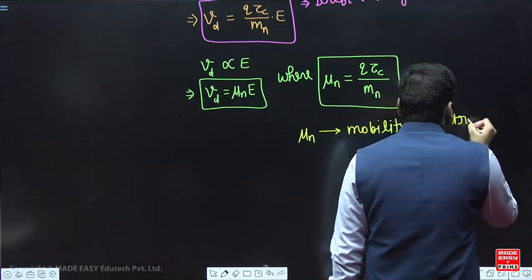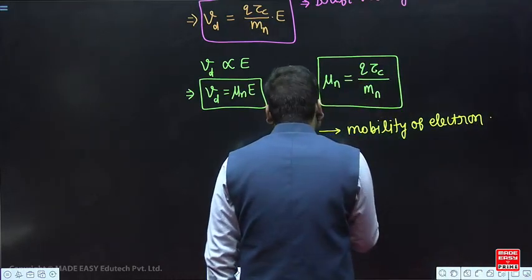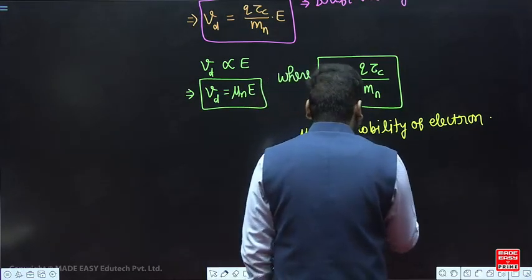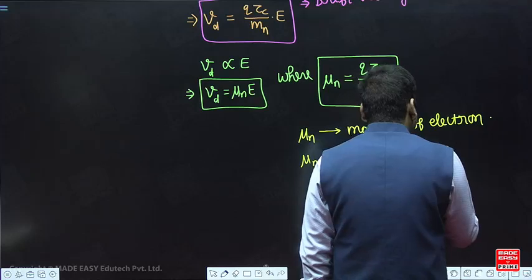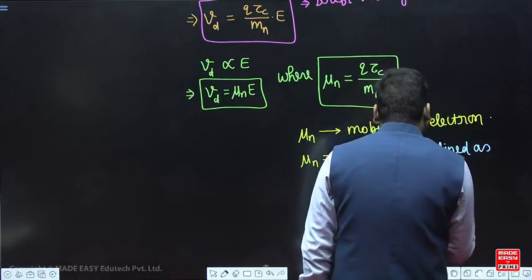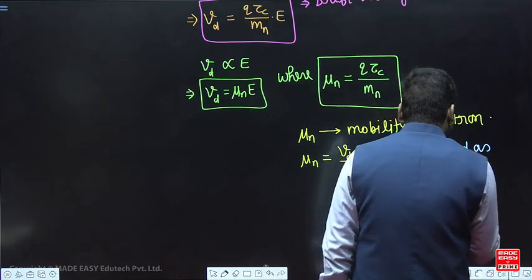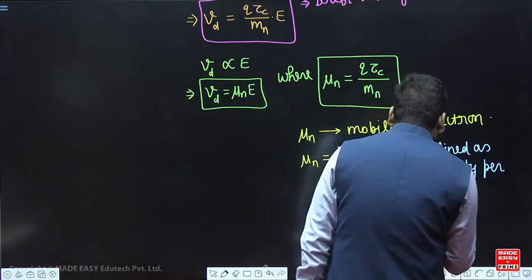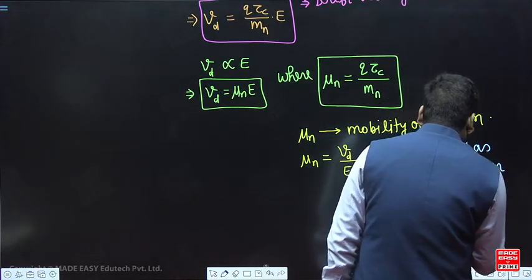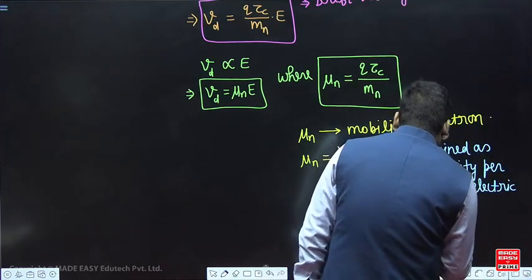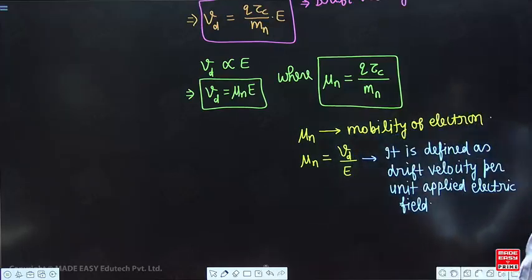This mobility is defined as mu n equal to vd upon E. So it is defined as drift velocity per unit applied electric field.